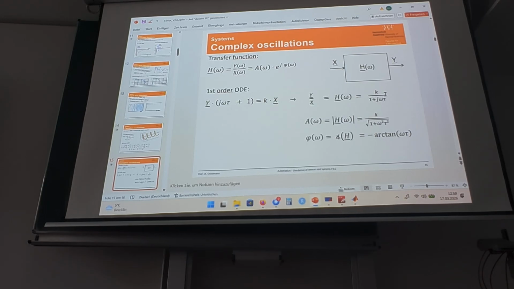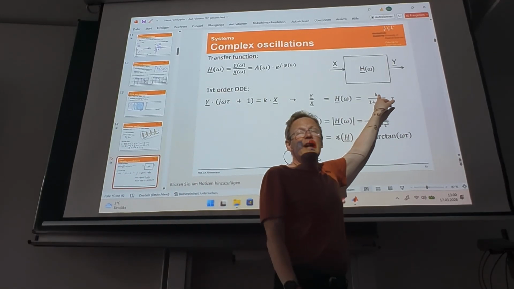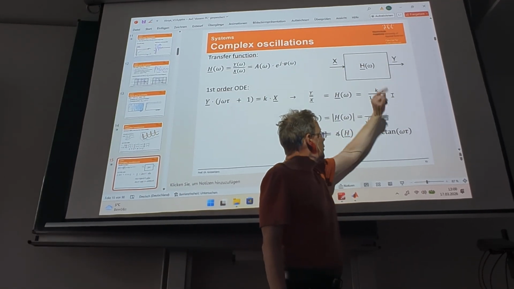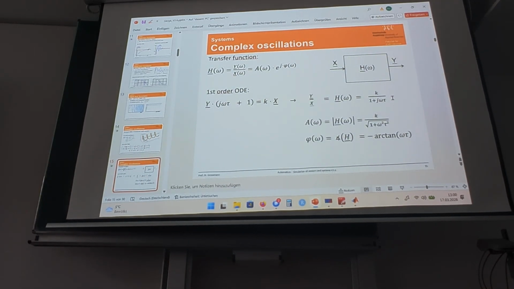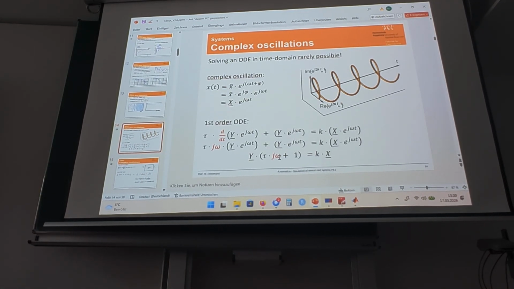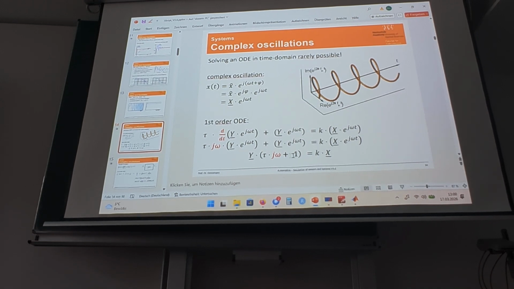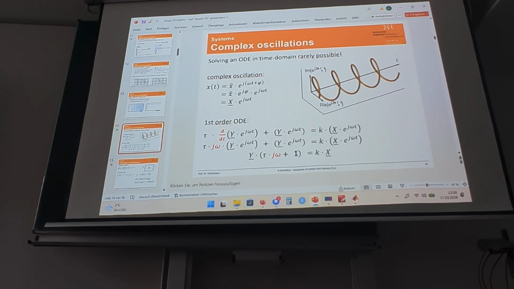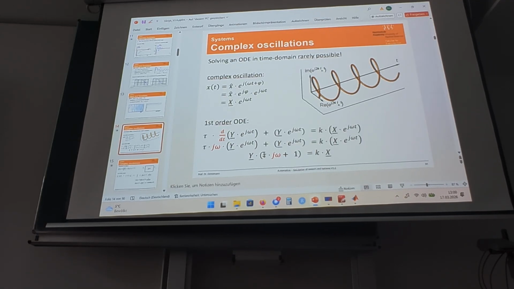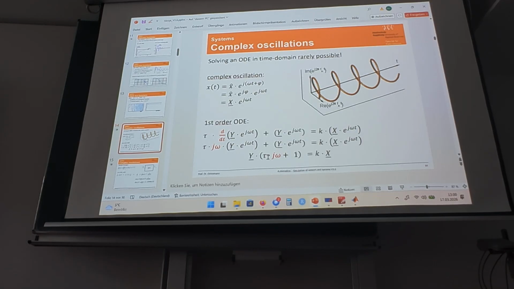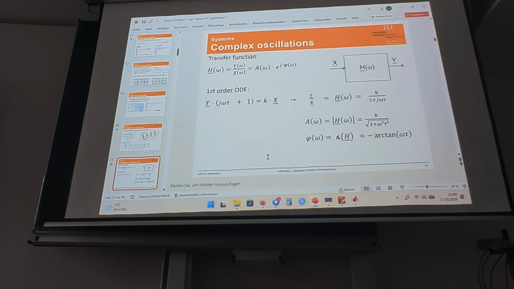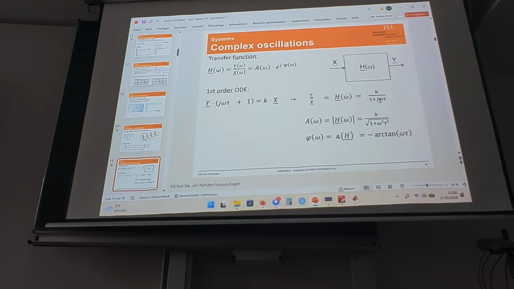And for this first order system, we get the amplification factor, the k, from the differential equation, the k on top, and in the denominator 1 plus j omega tau. This was the content of the round brackets here, and the 1 stands for the original output function, and tau times j omega is tau times the first derivative of this output function. Okay, so this was the first derivative once.